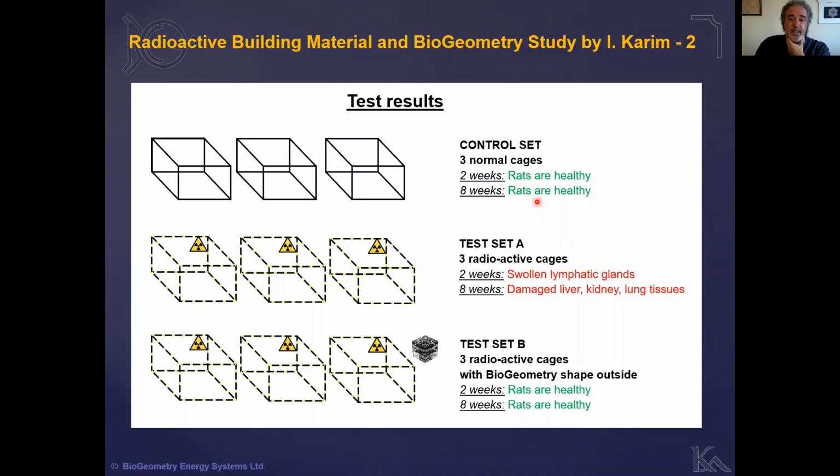And as you can see from the results, after 2 weeks, the control samples did not have, sorry, something just fell. The control sample did not have any signs of lesions or problems. And then in the first test set, which were inside cages made from radioactive material, after 2 weeks, they had swollen lymphatic glands.